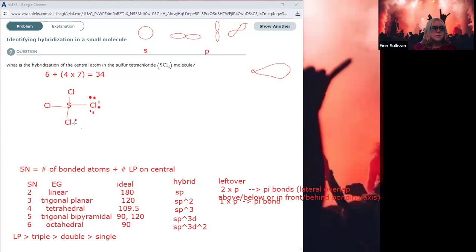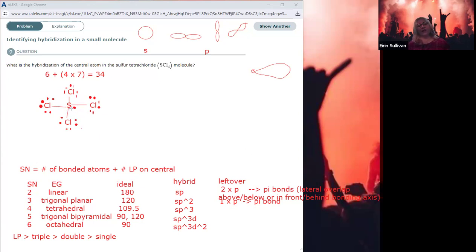So 6, 12. I can't draw as fast as I can count. 18. Some of them are big, some of them are small. 24, and then 26, 28, 30, 32. Oh no, we've only got 32 valence electrons.